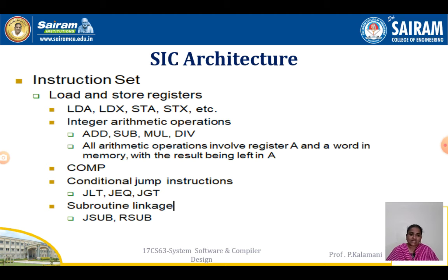But these instructions are used to perform only integer arithmetic operations. Then compare instruction is to compare the values. And conditional jump instructions: jump on less than JLT, jump on equal JEQ, jump on greater than JGT, jump on not equal, and so on. And then subroutine linkage instructions, jump subroutine and return subroutine.